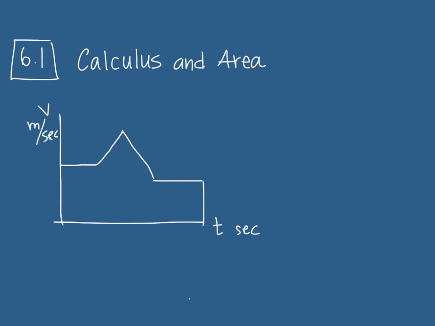Then maybe you're asked, how far did the object travel? What was the distance traveled? And you learn how to interpret that velocity graph. Well, let me ask you, what units would distance be measured in? Not in this question, not kilometers, it would be measured in meters.